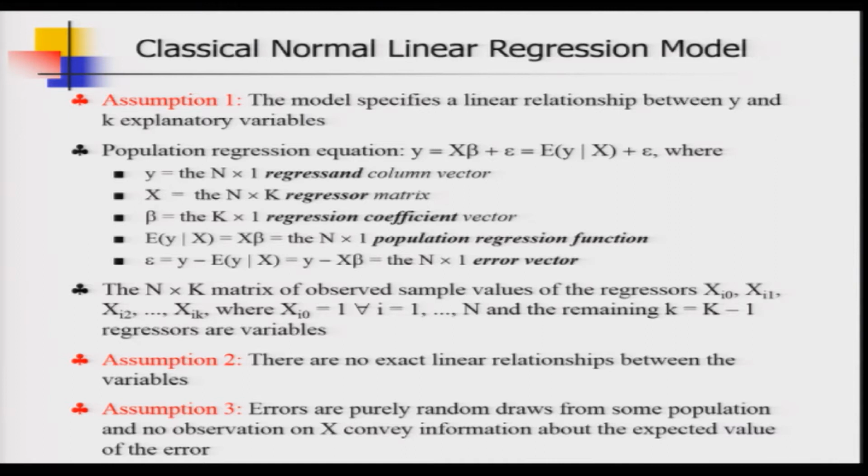Okay, so next we focus on assumption 2, and that is simple. It says there are no exact linear relationships between the variables. So, it rules out the case of strong multicollinearity. If you remember, I discussed multicollinearity previously, and that says that no two explanatory variables should be perfectly linearly correlated.